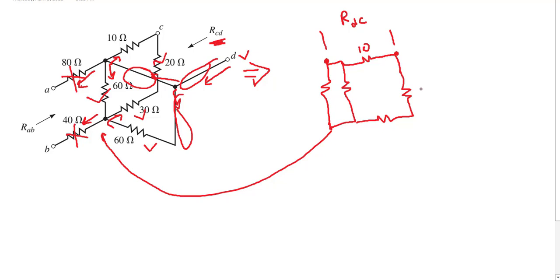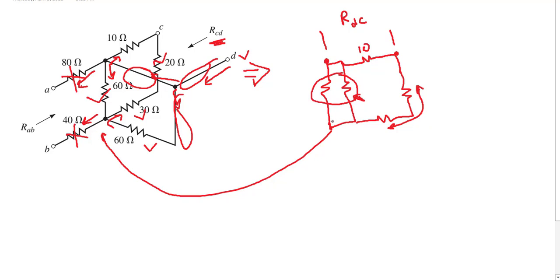Now these two are in series, they add up. These two are in parallel, we calculate them. The equivalent of these two in parallel is in series with the equivalent of these two, so they add up, and the total is in parallel with this 10.